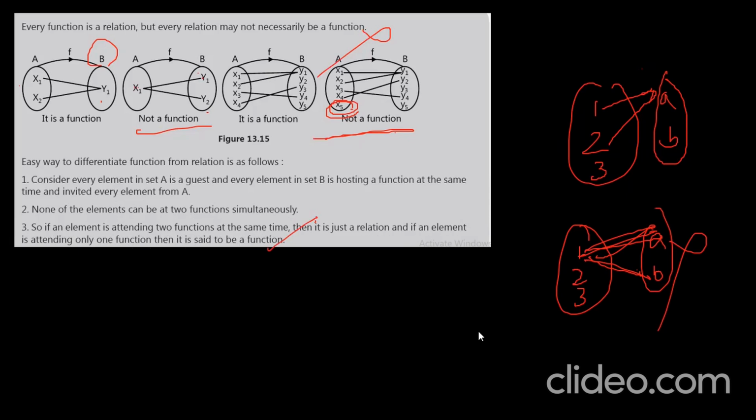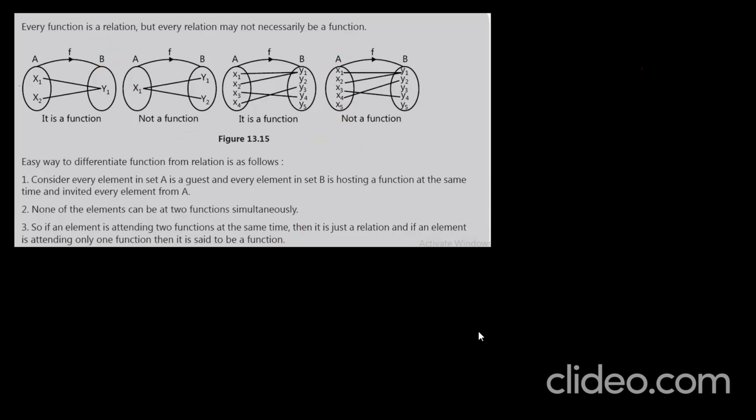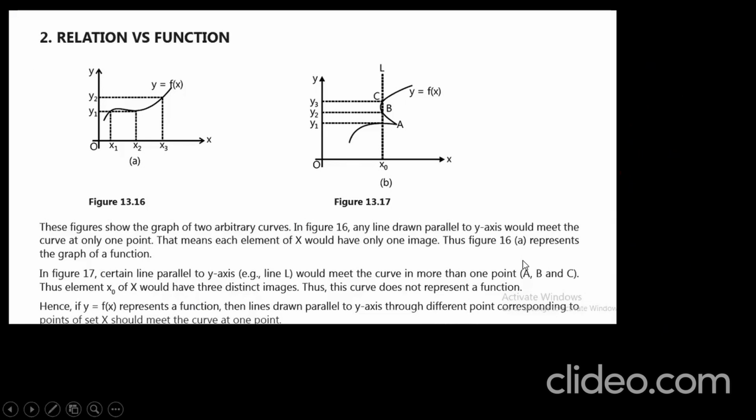Okay. So that is when it is a function and when it is not a function. Very good. Now let us observe, by observing the graphs, how do we say whether it is a function or not? In an ordered pair, this is the x coordinate and this is the y coordinate. Am I right?